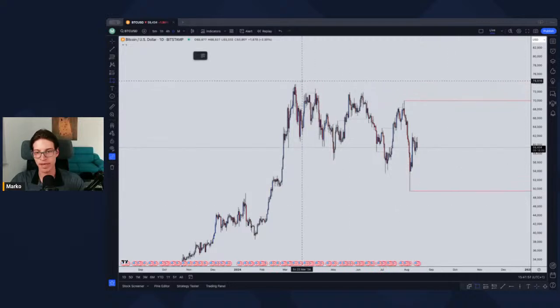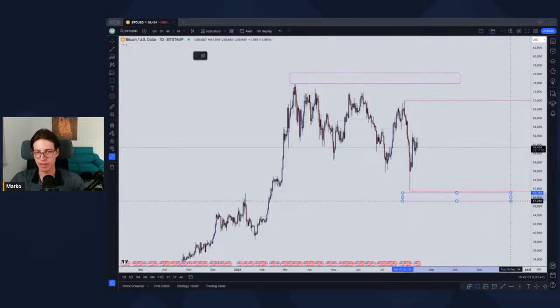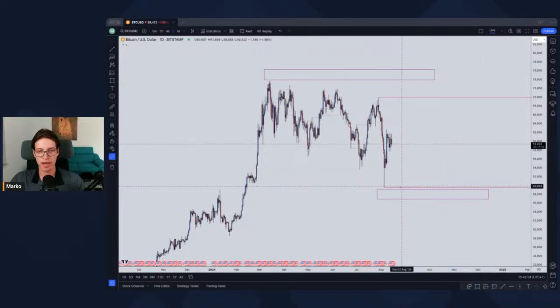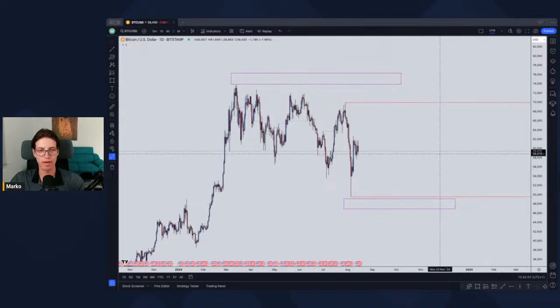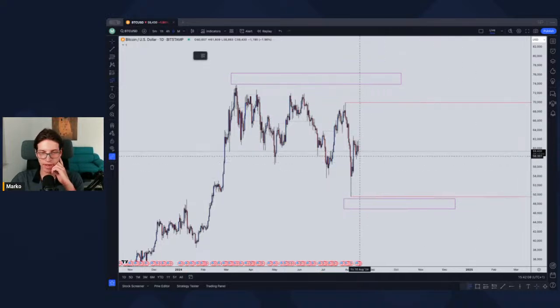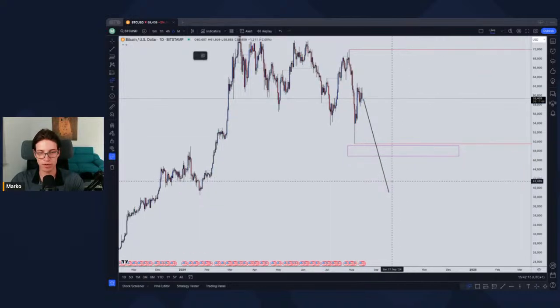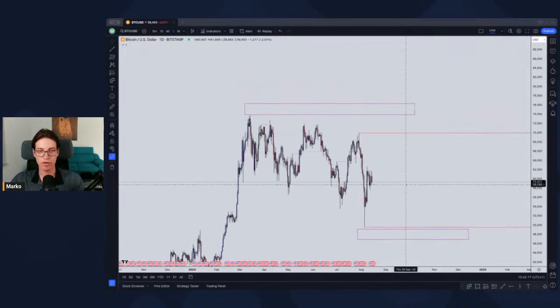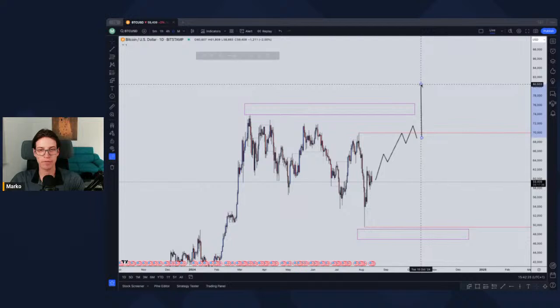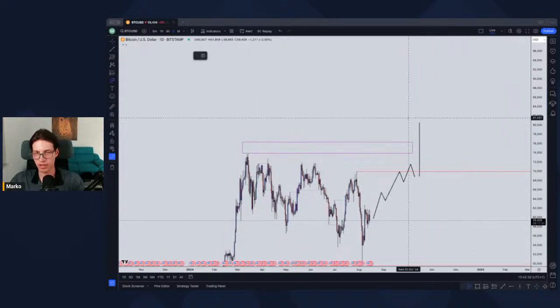I'm looking at this major high, of course, to break. So it is kind of the same story as with gold, right? You have your major levels, you have the highs, you have the lows, and you're looking at a breakdown either like this, and then of course the next candle to continue, or for the price to approach the highs, impulse break, and then of course you need the next one to continue up like this.